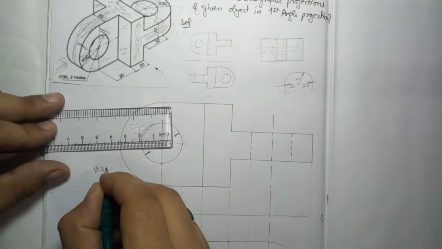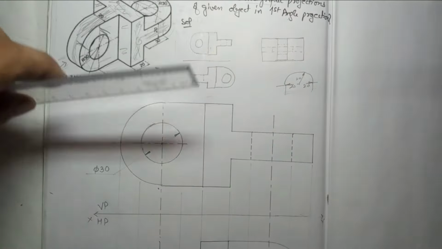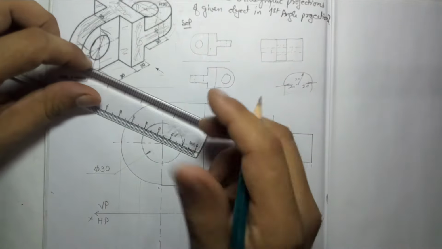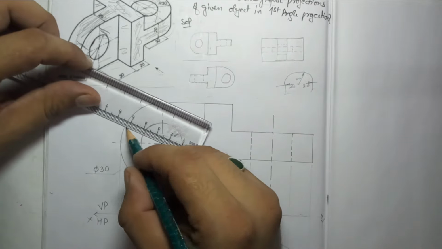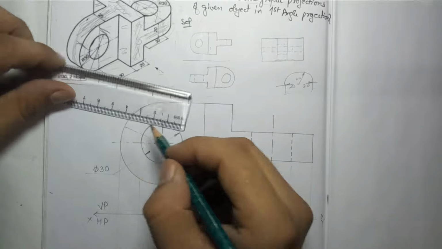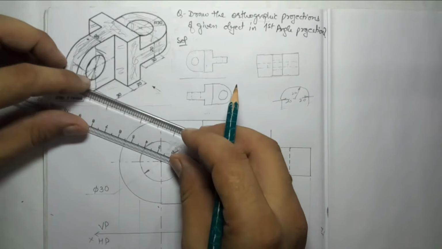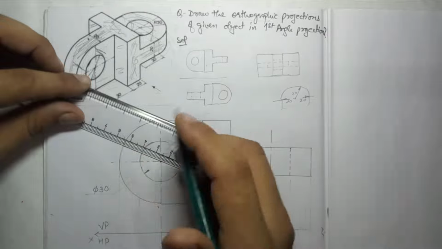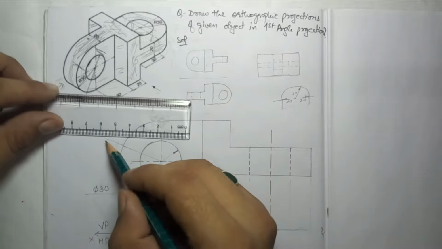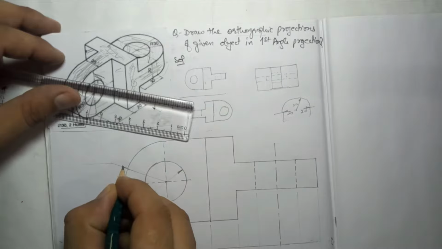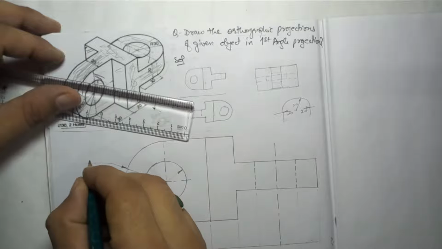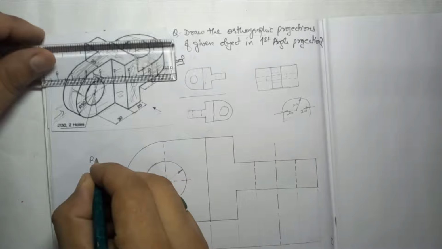So write in the same format 530, where the symbol stands for diameter. Now for the outer arc, again a very thin line, take it out and bend it like this, a leader line, and you have to say R30.